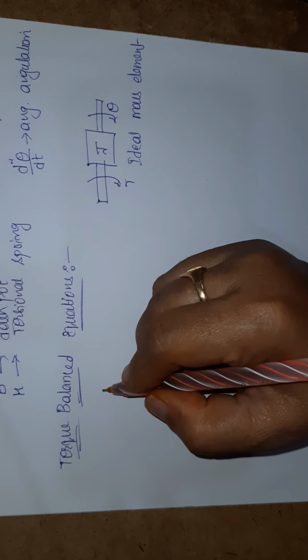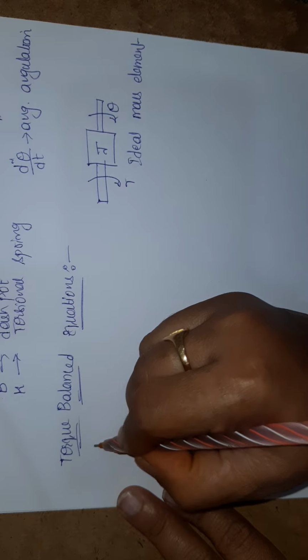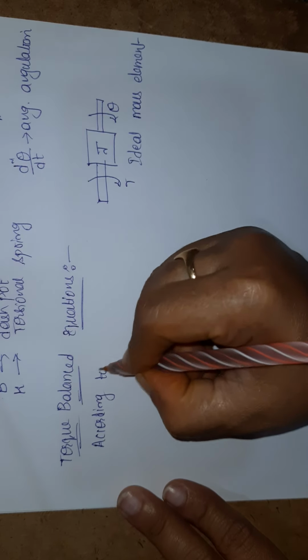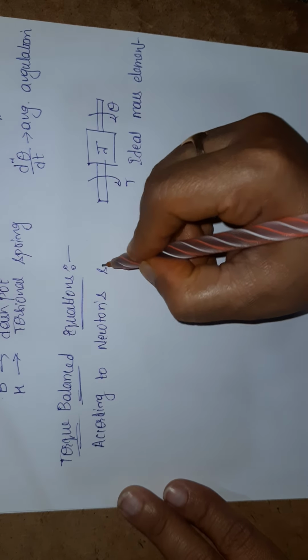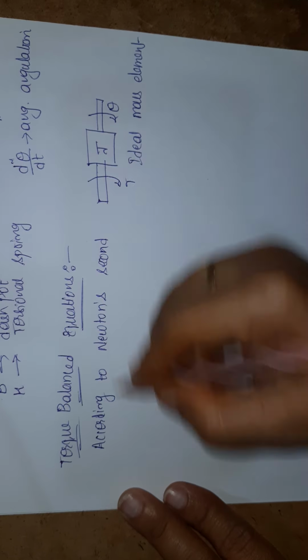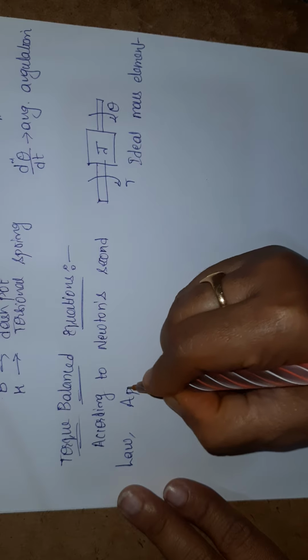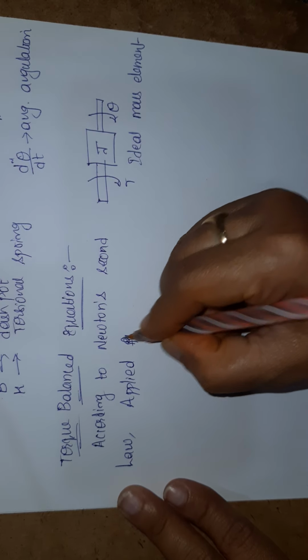So what is the force balance equation? Here, according to Newton's second law. What is Newton's second law? All forces acting on a body sum to 0, or applied force is equal to opposing force.